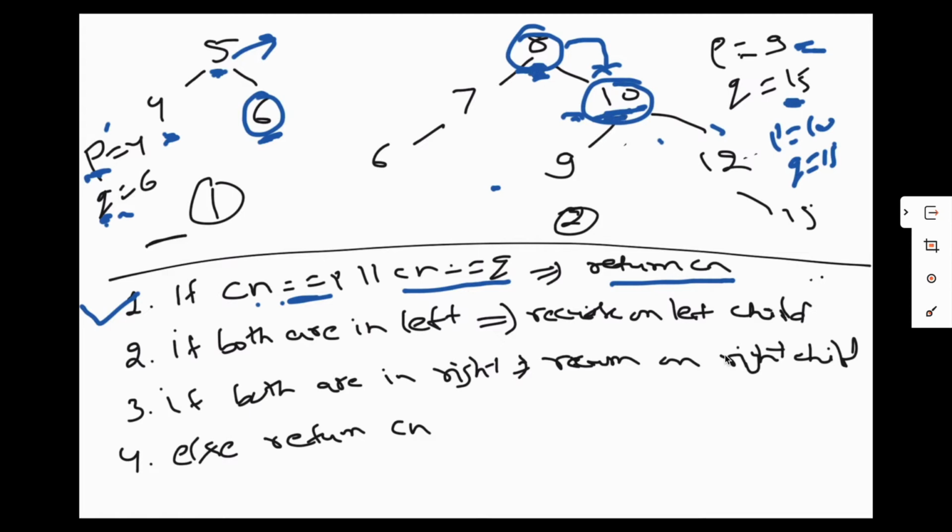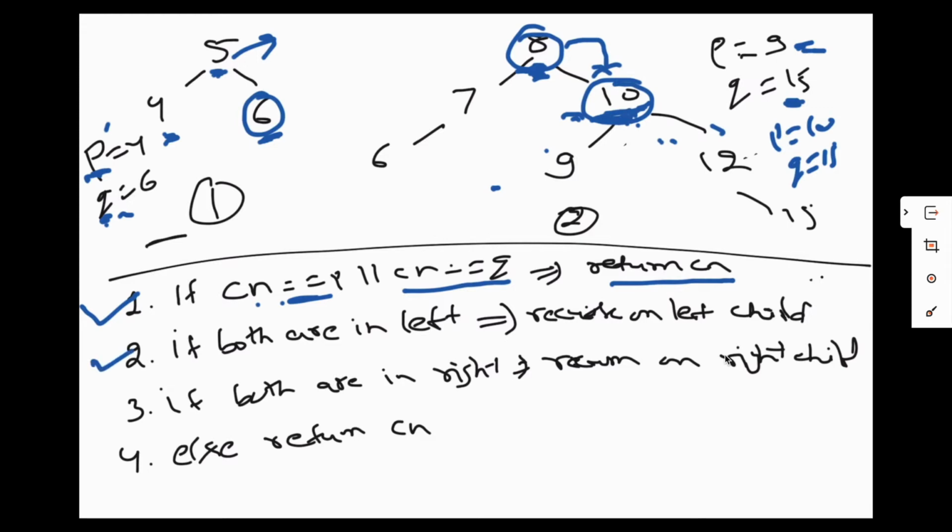Then I will come here, so 10 is the current node, and I can stop here, because even though q can be on the left or right side, it doesn't matter, because p is the current node, and it can be a descendant of itself, and the other node q can be on either side. This is a common ancestor now. Okay, so this is the first condition.